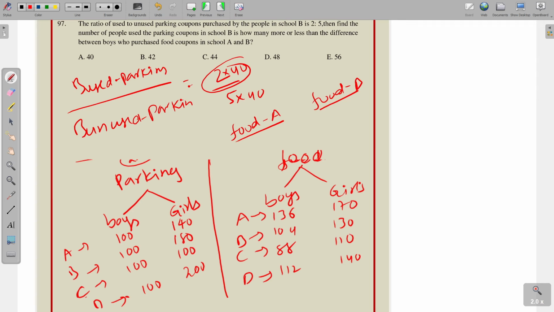So for boys, food coupons of A is 136. Boys food coupons of B is 104. Difference is 32. In that 32, 48 is more for used coupons from this. This is the answer for this question.